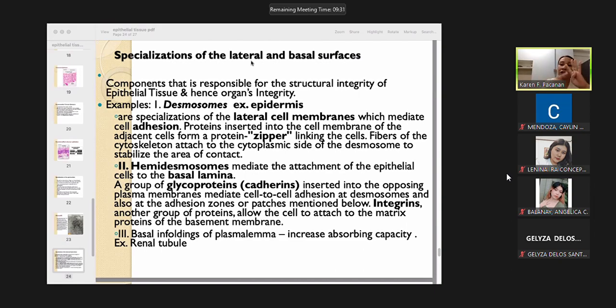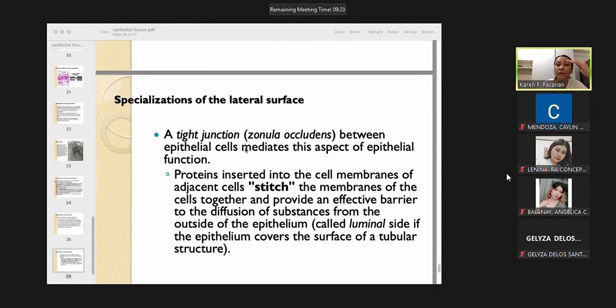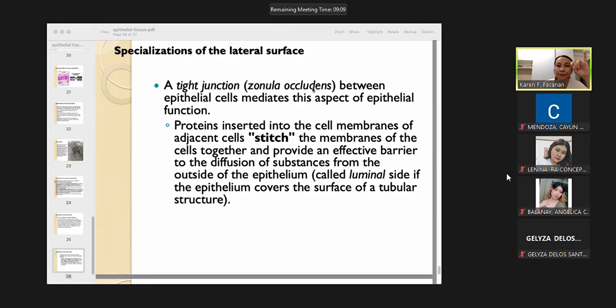So there would actually be 4 specializations found at the lateral surface. The one closest the apical surface, so number 1, would be the zonula occludens.